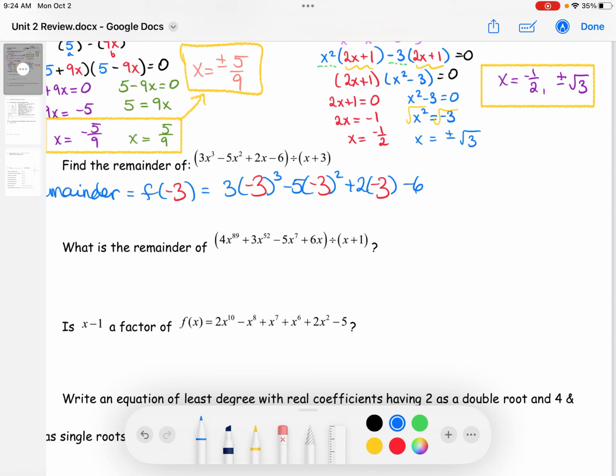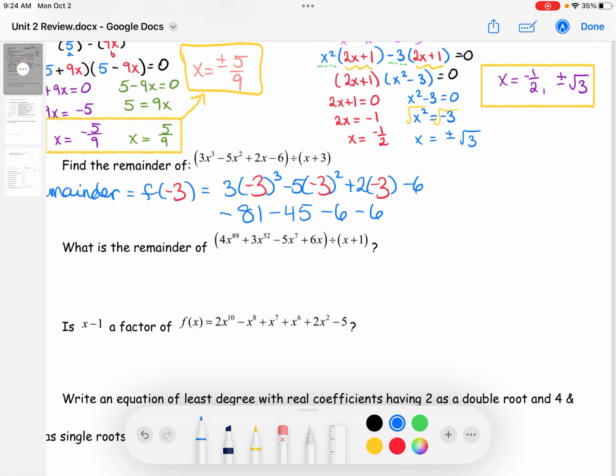So negative 3 to the third is negative 27, times 3, it's negative 81. Negative 3 squared is 9, times negative 5 is minus 45. 2 times negative 3 is negative 6, minus 6.